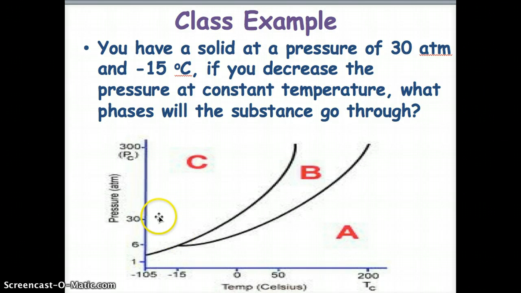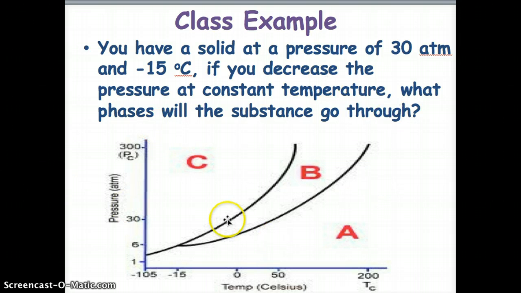If I say, oh, you're increasing the pressure. Let's say I say, okay, you have a pressure of 30 and the temperature is 50. So it's in the liquid phase. What would happen if you decrease the pressure? Then you'd say it's going from a liquid into a gas, and that is vaporization.